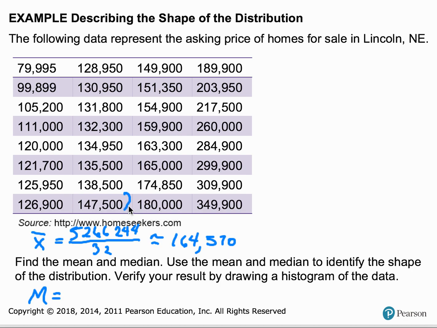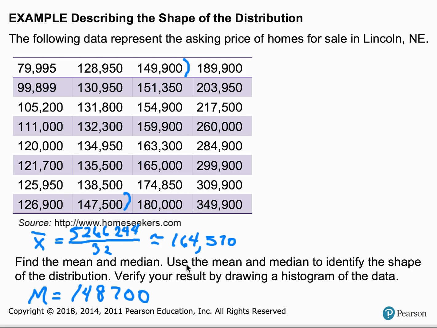So 16 and 17, I need to find the mean of 147,500 plus 149,900, and then divide by 2. So our median is 148,700. Okay, so we've calculated the mean and the median.